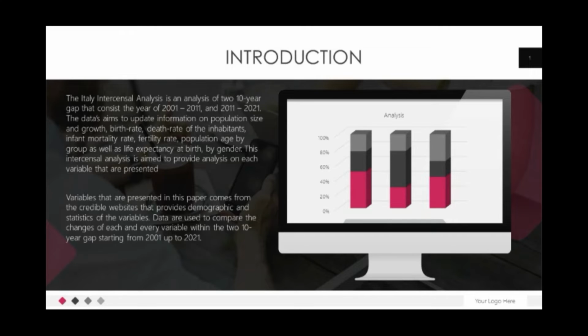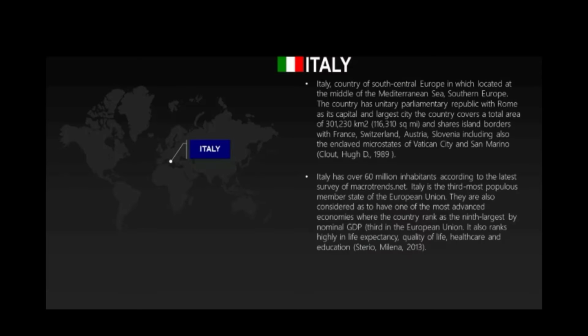Italy is a country of South Central Europe located in the middle of the Mediterranean Sea, Southern Europe. The country is a unitary parliamentary republic with Rome as its capital and largest city.